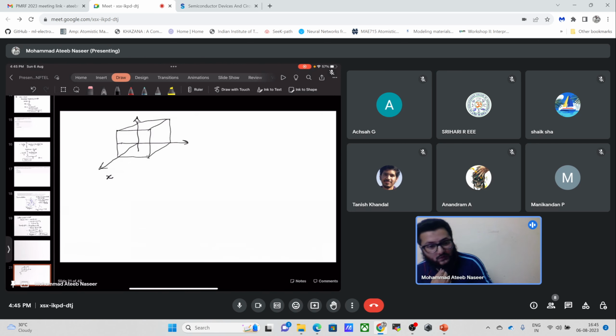Okay, so if I am talking about the 100 plane, it would mean I am talking about this plane, which lies in the x direction, which I am taking as the 100 plane. This plane faces me currently, and it has some particular number of atoms on it.